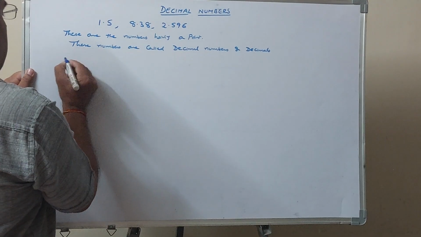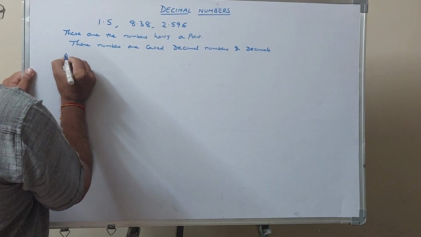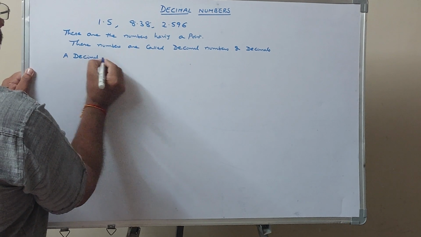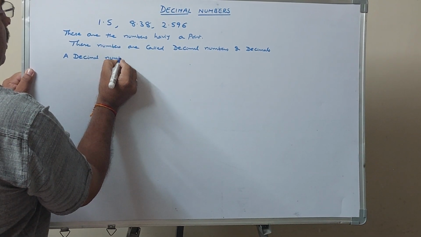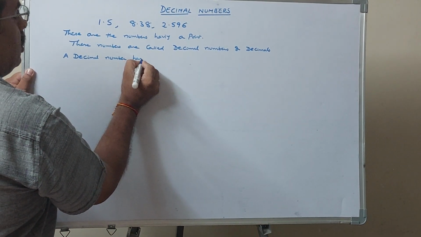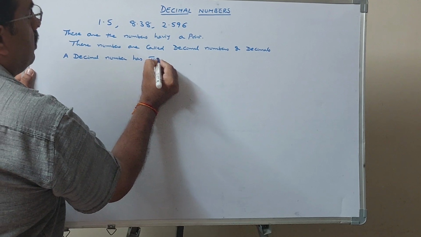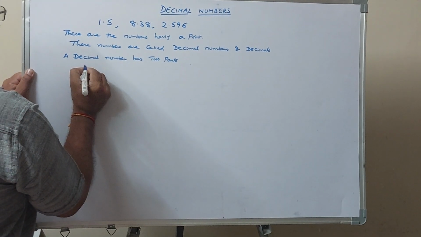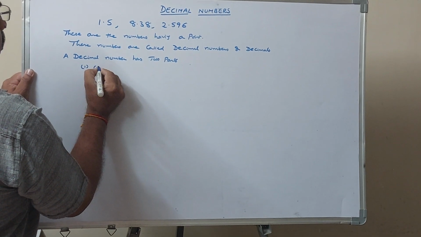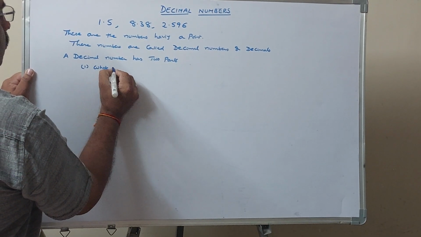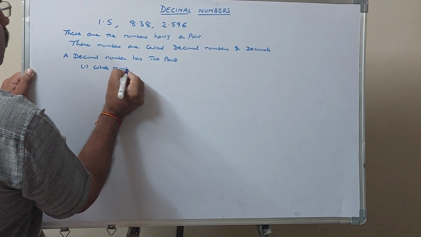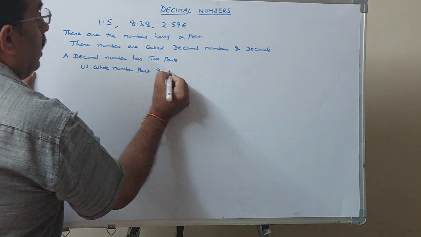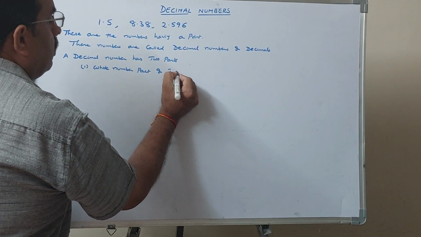A decimal number has two parts. One is called the whole number part, or integral part.